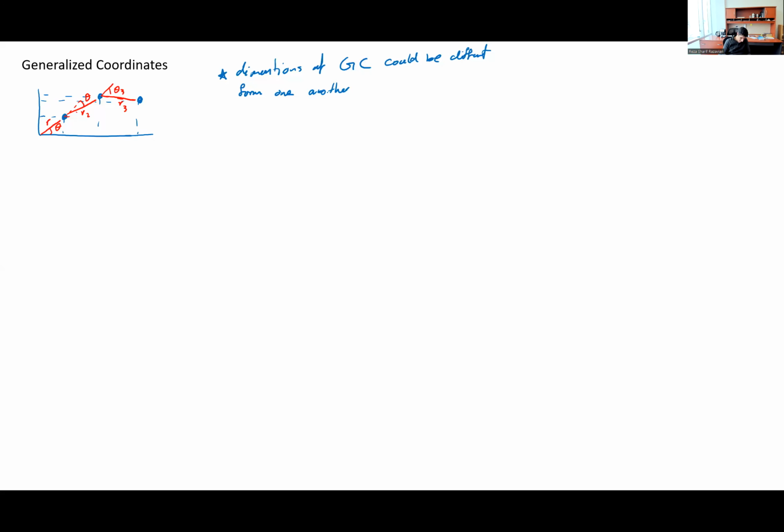So what I mean, let me go back to x and y. I can have x and y of the first particle with units of meters or whatever, and the next one could be some kind of angle, and so on. So it is possible to mix and match in different domains and different dimensions to build our generalized coordinates to describe a system.